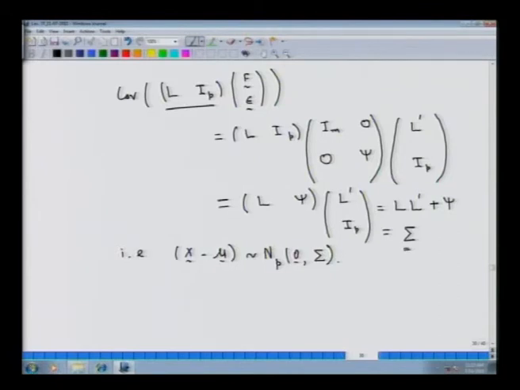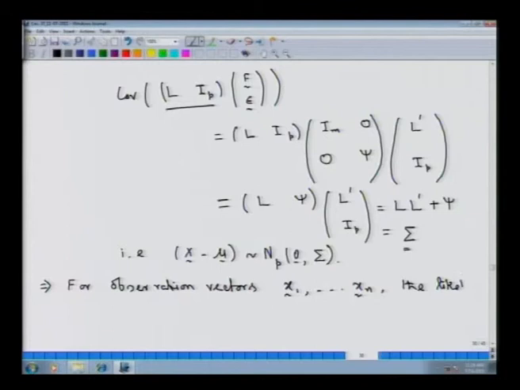Now, we are in a position to frame the likelihood estimation, because we can now write the form of the likelihood function for observation vectors x1, x2, xn.